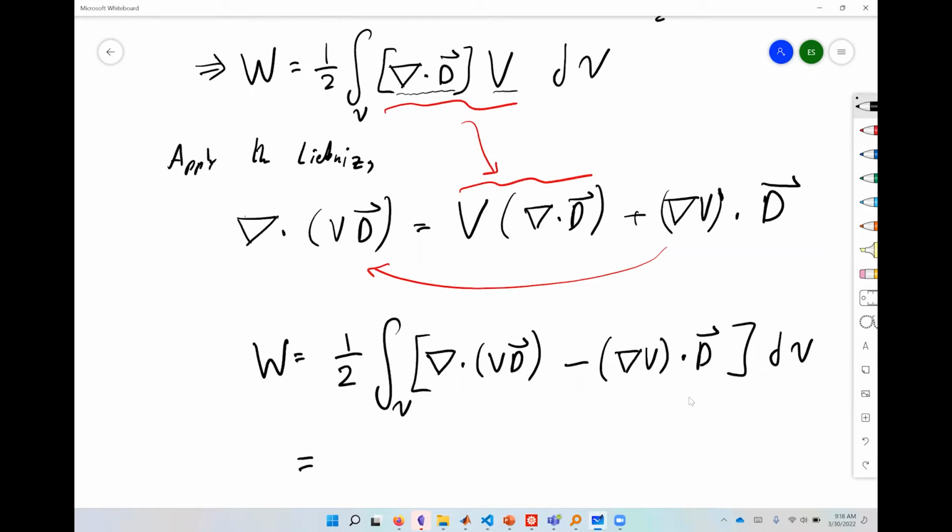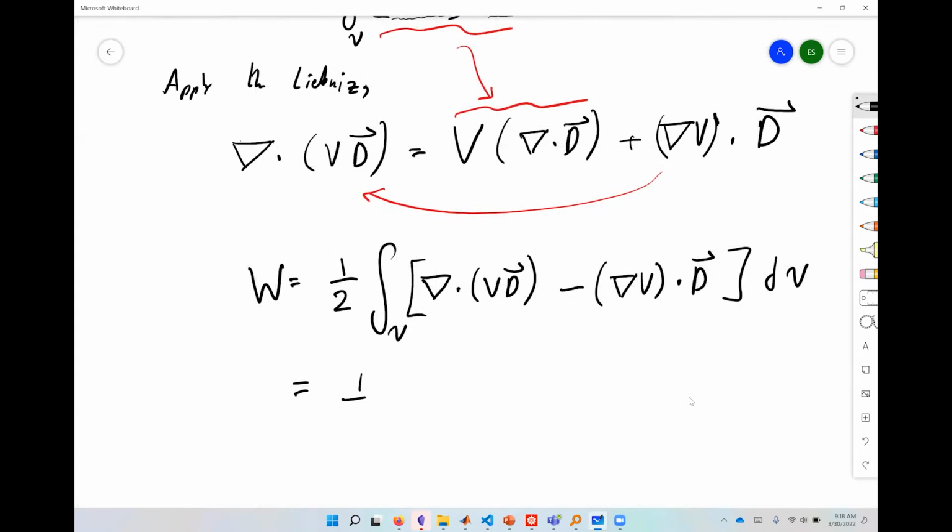So I can divide this into two integrals over all of space: divergence of VD minus... what's, by the way, grad V? We established that E is minus the gradient of V, right?